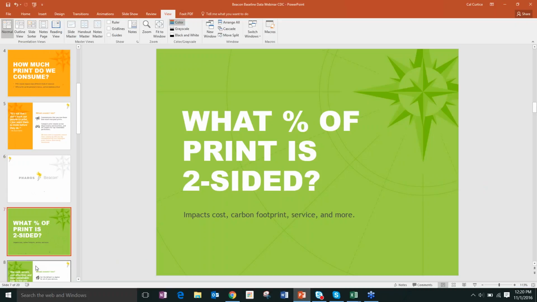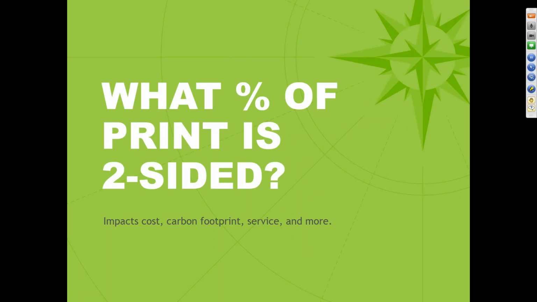So what other opportunities do we have for change more specifically? The first one we're going to look at is the percentage of print that is double-sided. And in this category of print, obviously, every page that you print impacts the environment, the organization in terms of cost and sustainability.